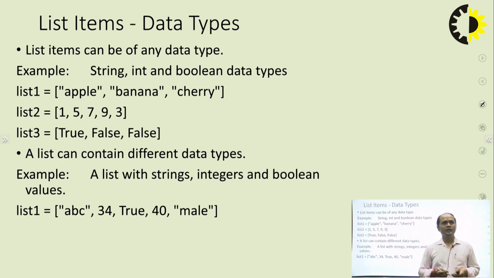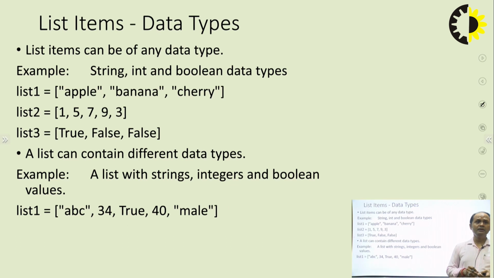When we use this in programming, Python gives us great flexibility with data types. In other languages like C, we can use an array, but an array is a collection of similar data type. But in Python, we can use a list with different data types.